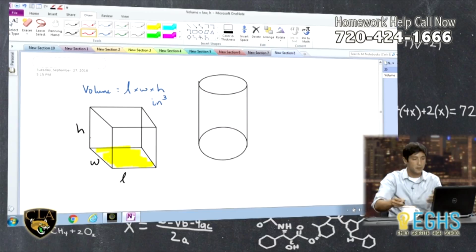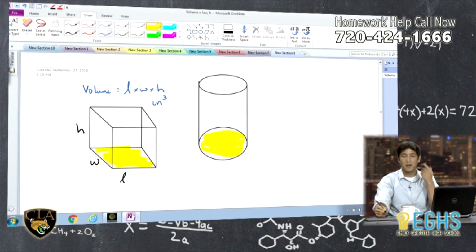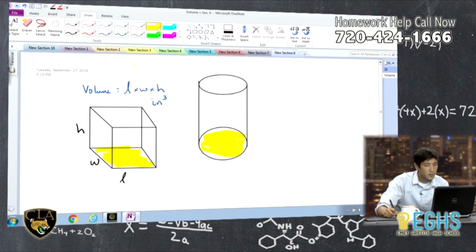So same idea that we were doing with the cube. Think about how I would find the area of this circle that makes up the base, and how I would include that third dimension, the fact that this has some height here. So really quick, what is the area of a circle? Area equals pi r squared.